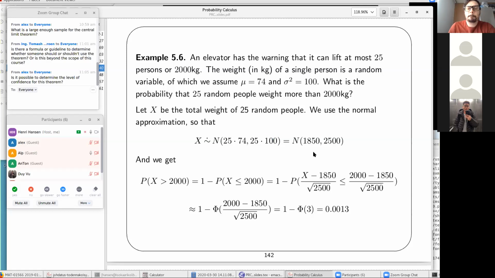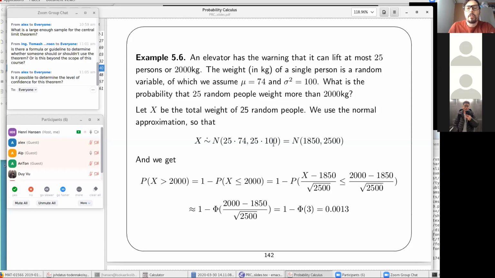Now, we use this normal distribution as our approximation of the total weight of 25 random people. And why is this 25 times 100? Each of them has a variance of 100. We have 25 of them, so you add them together.